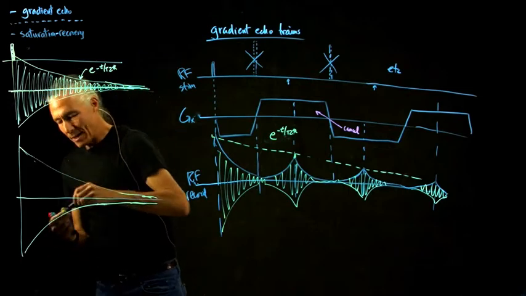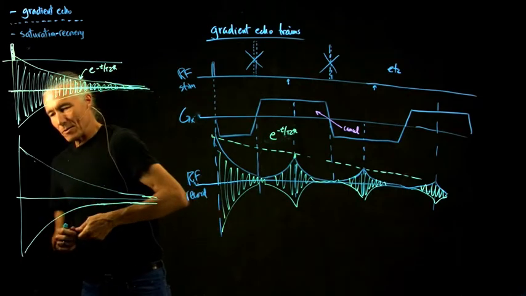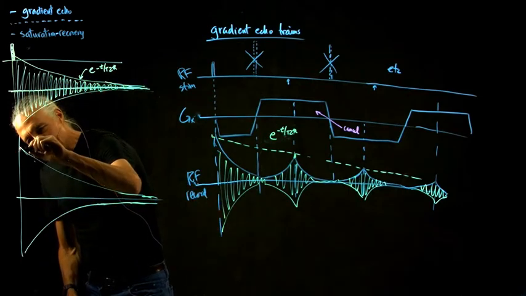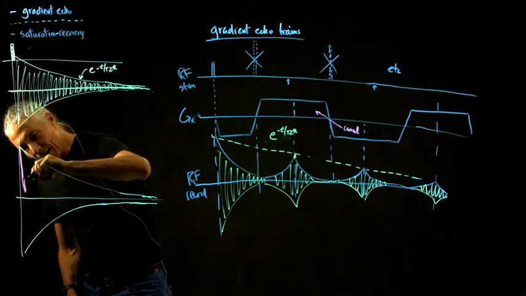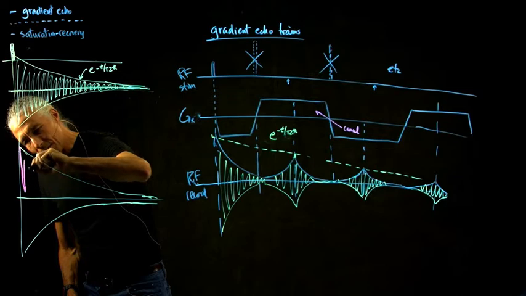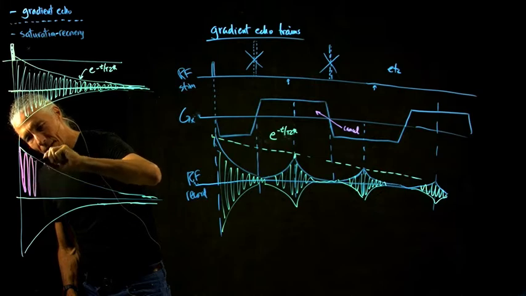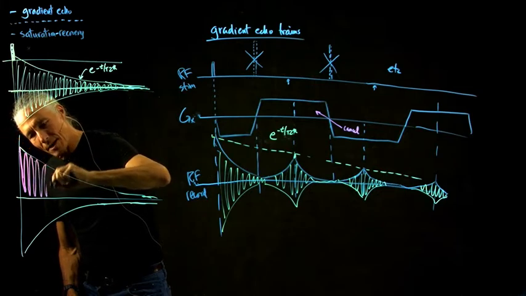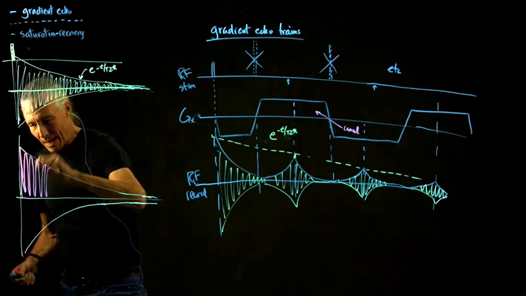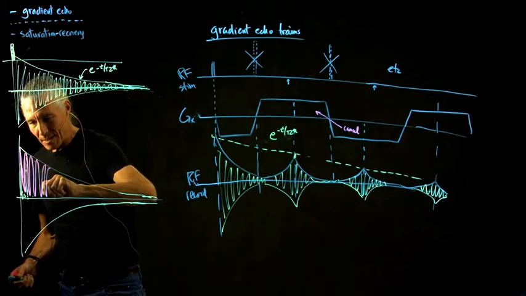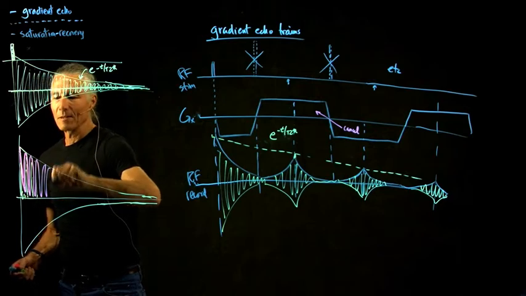So what does that look like? Well, you'll slam the gradient on and shove the signal all the way down to nothing, and then it'll come back up again because you reverse the gradient, and then it'll go back down again, and then come back up again. So there'll actually be 64 echoes in here. So there'll be a lot of signal, then no signal, a lot of signal, no signal, a lot of signal, no signal.